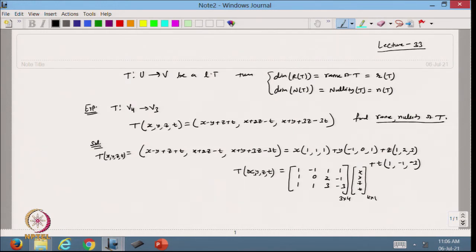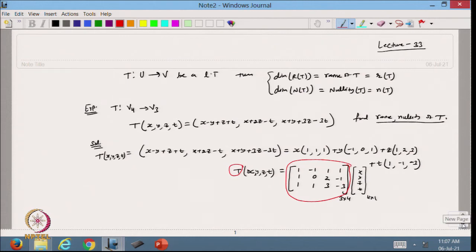So now you can see that this transformation T we are able to represent with this matrix, and this matrix is of order 3 cross 4, and T is a linear transformation from V4 to V3. So we are able to represent this transformation in terms of this matrix.